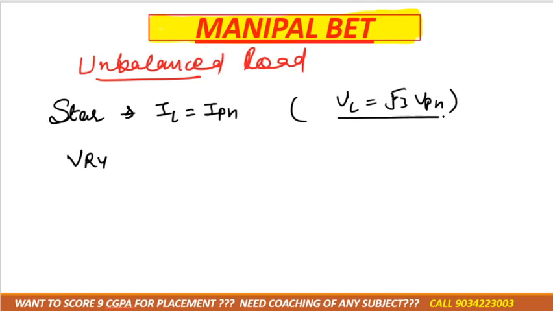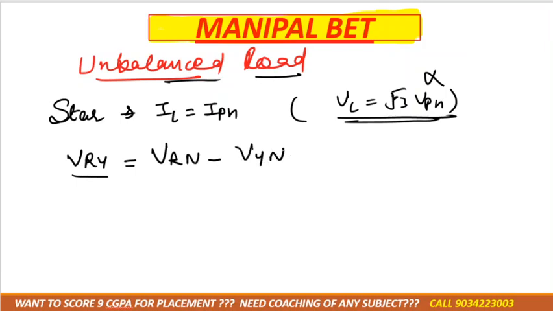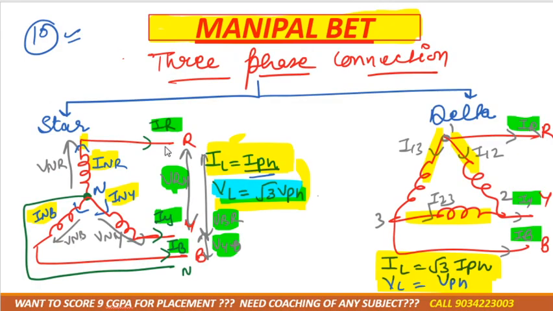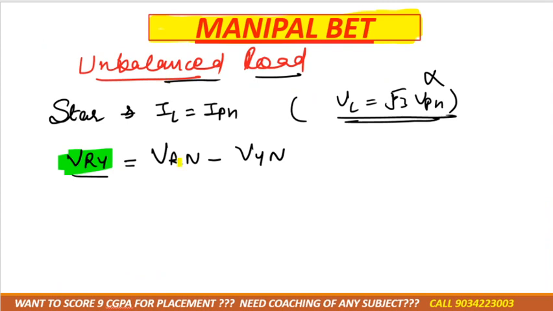But if we have unbalanced load, then we don't use this formula, we'll use this formula: VRY is equal to VRN minus VYN. What is VRY over here? It's the line voltage. Very good. Similarly, VRN and VYN are the phase voltages.